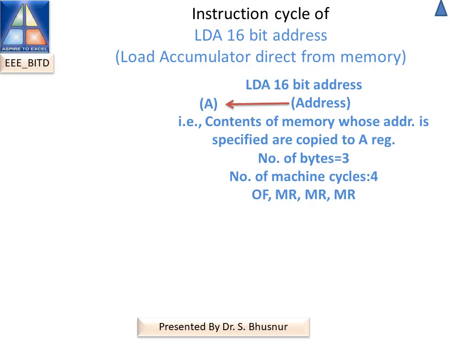The first one is opcode fetch, followed by 3 memory read machine cycles. The 3 of them are for the fetch part and the last memory read machine cycle corresponds to the execute part.